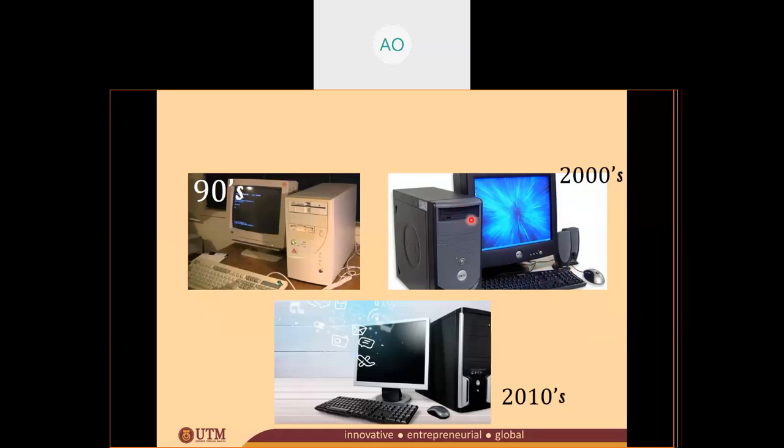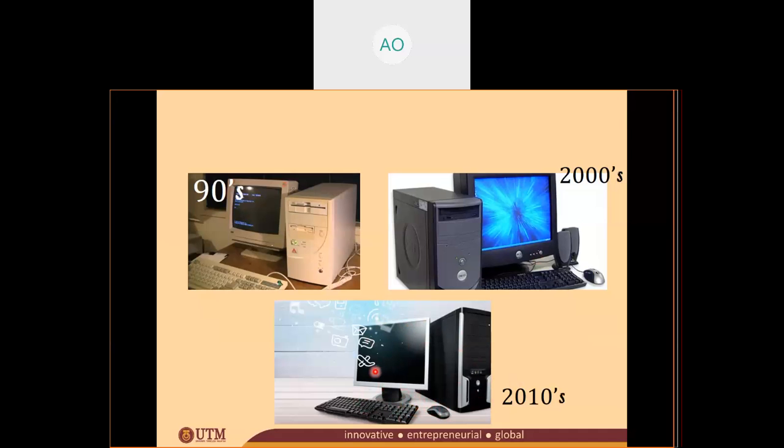And then no longer a floppy disk here. It is replaced with DVD or CD-ROM, and inside, the RAM used is different from this computer. This computer uses SD RAM, while this computer here uses DDR SD RAM. While for the 2010s computer, the computer nowadays, you see no longer wired keyboard and mouse, all are wireless.